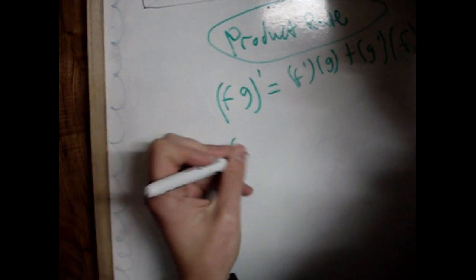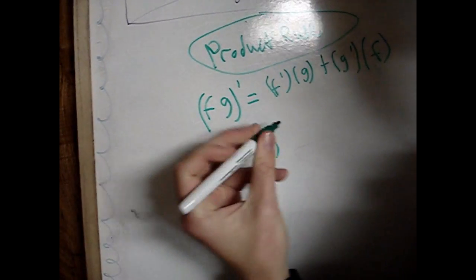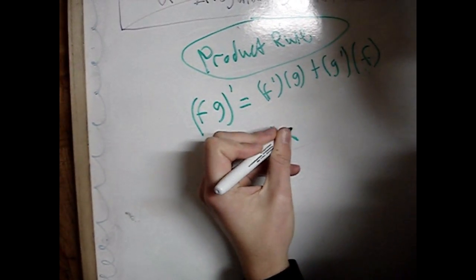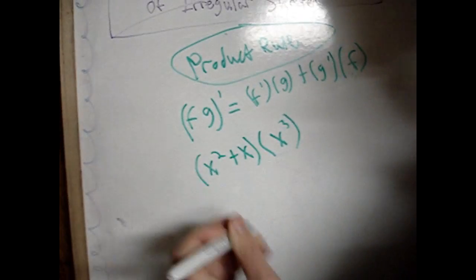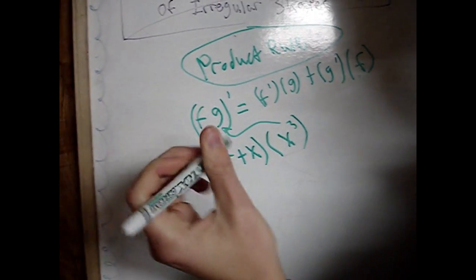Let's take x squared plus x times x cubed. Alright, so this will be f, and this will be g.